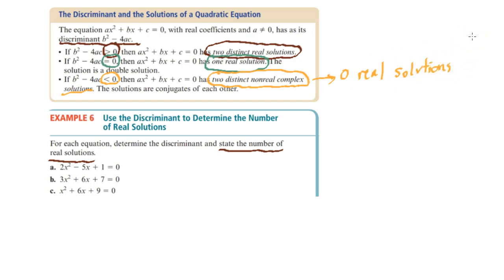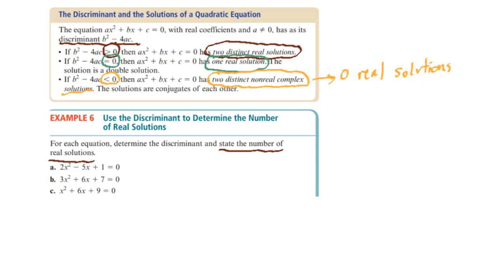So keep in mind that you may be asked what type of solutions you have. Then you wouldn't want to say that there's 2 complex solutions. And if they ask for how many real solutions, you would say 0 real solutions if you end up getting a negative for b squared minus 4ac.